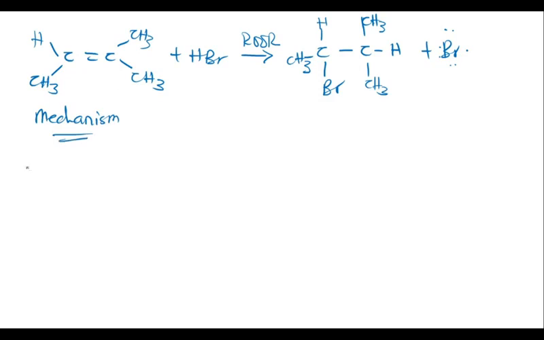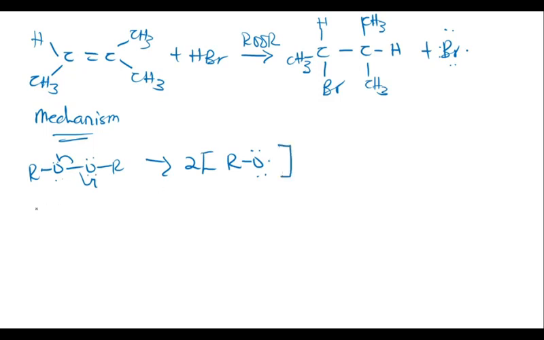In the mechanism, first step, we know that the peroxide will dissociate homolytically to produce alkoxyl radicals. So we have this, and don't forget the two lone pairs that are on the oxygen.